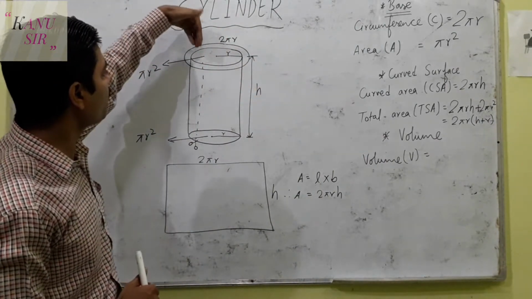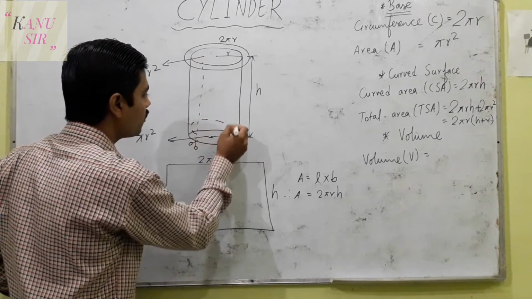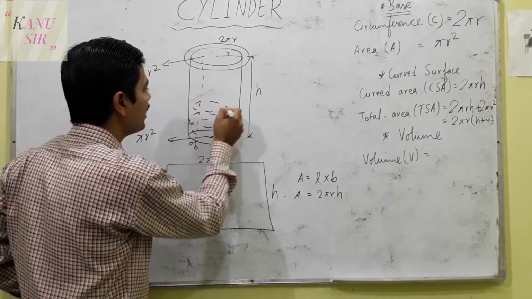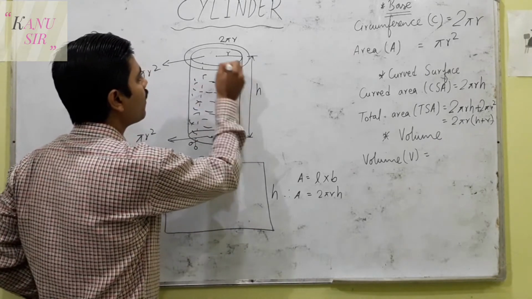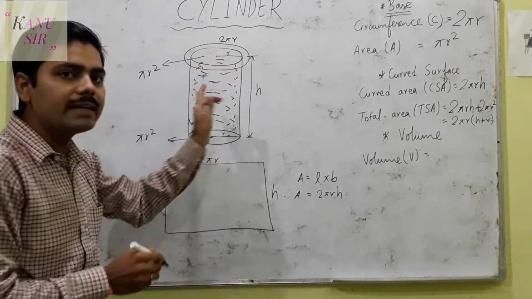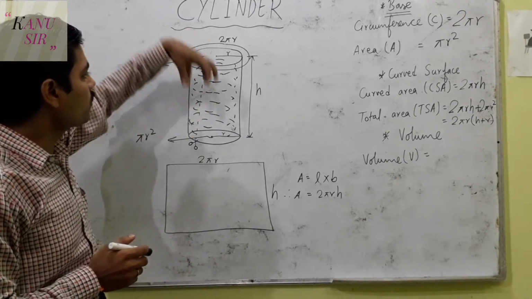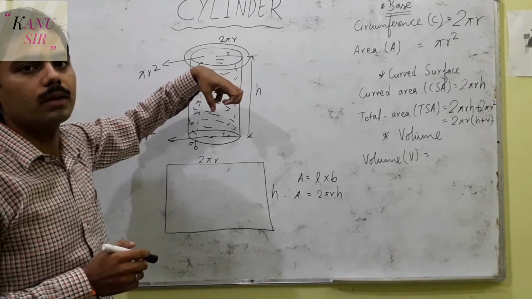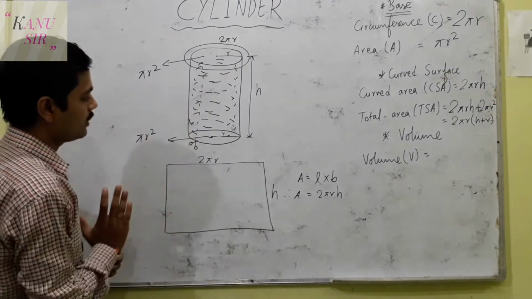For example, if we fill some amount of water in the cylinder, then the water will cover some space in the cylinder, and some quantity of water will be filled in that cylinder. That quantity of water will be called the volume of a cylinder.